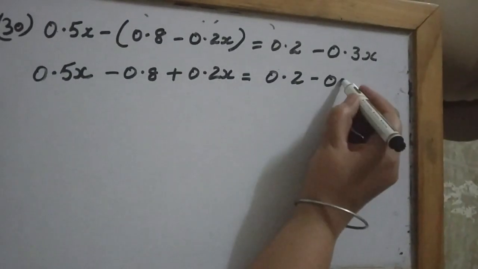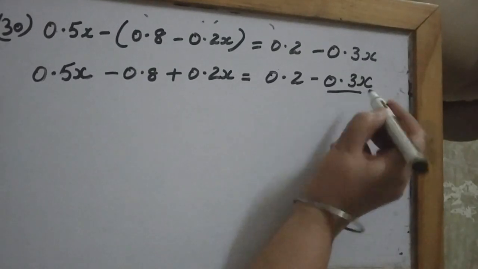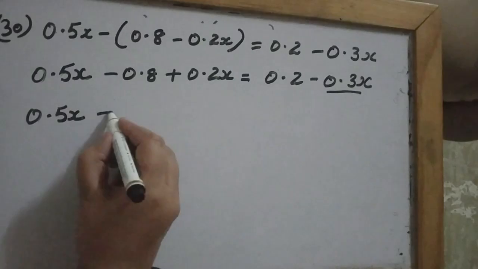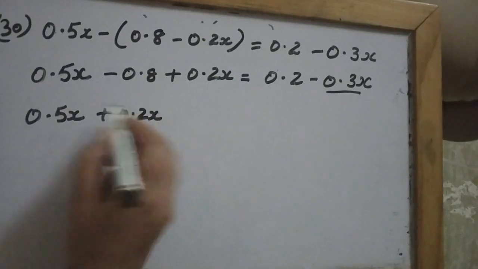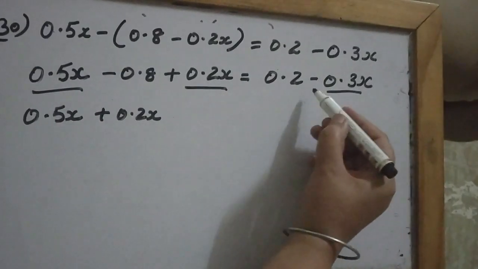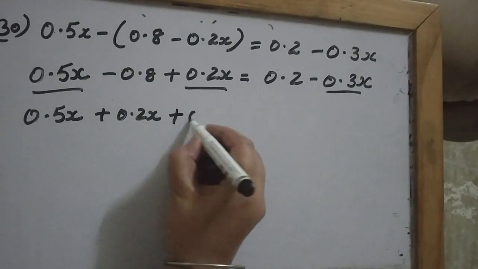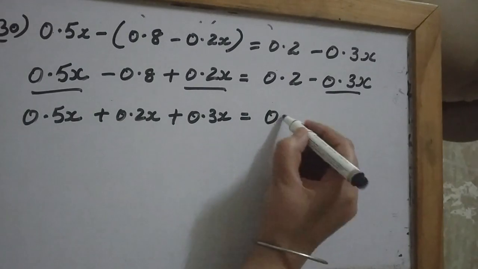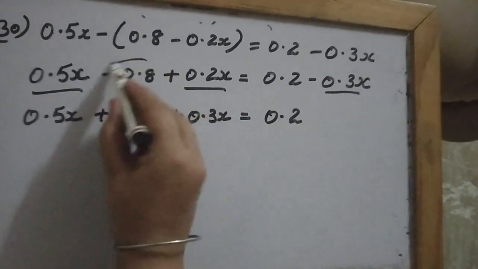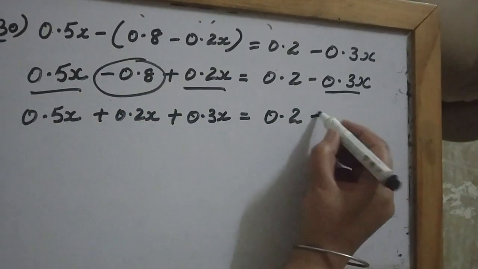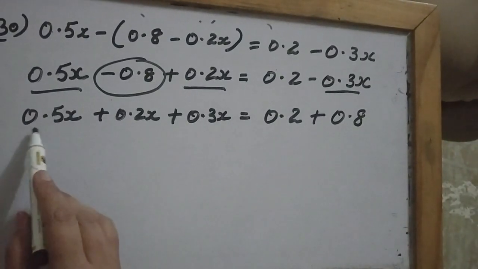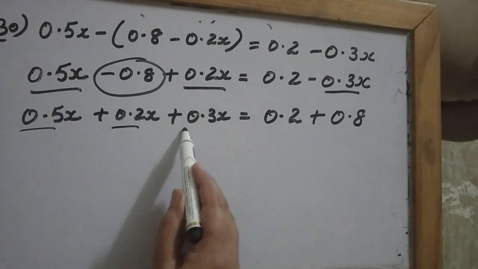Is that clear? Now the other side you have this. Now these like terms you bring together, 0.5x plus 0.2x, and this is minus, so this will become plus 0.3x as I will change the sign. Now 0.2 without x, and this also is without x, so shift to the other side, which will become a positive 0.8. Now you know how to add decimal numbers.